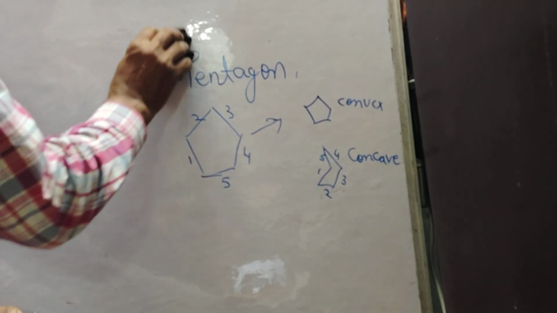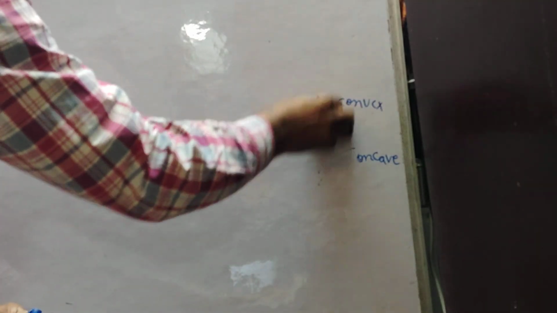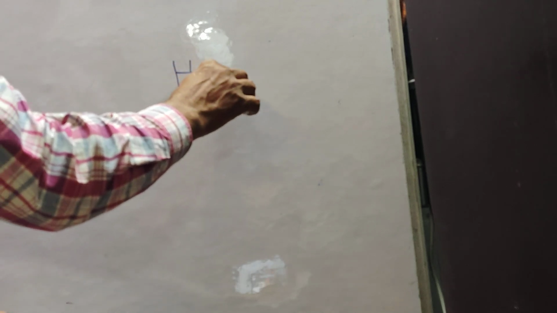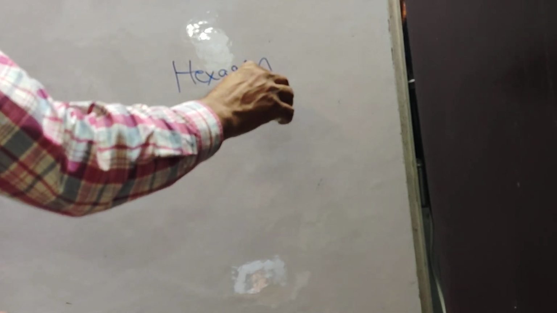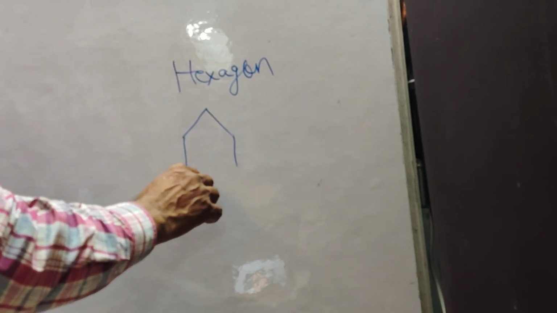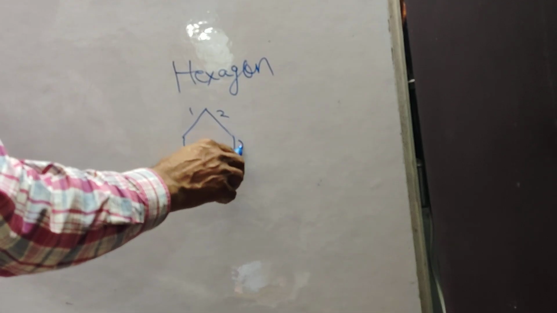Next, after pentagon, what do we call a six-sided figure? Hexagon. In hexagon, it's very simple. The beehive is in hexagon shape. This is a hexagon, six-sided.